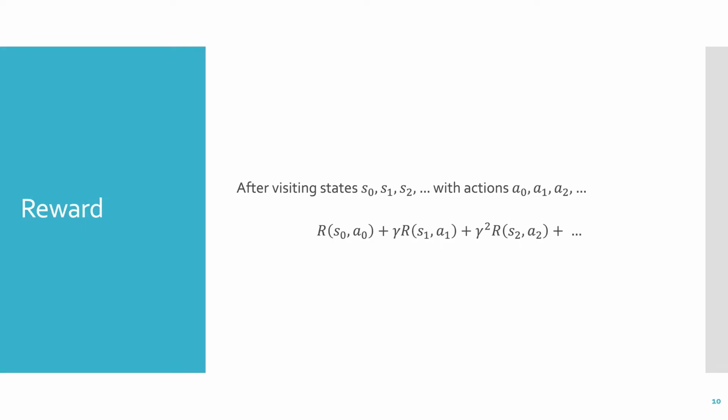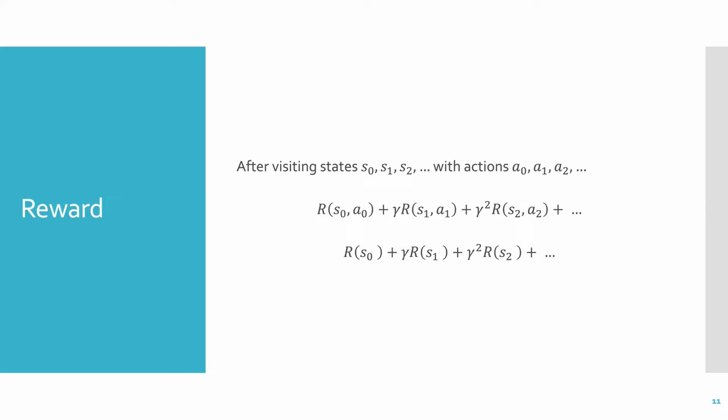Upon visiting the sequence of states S0, S1, and so on with actions A0, A1, and so on, our total payoff, or reward, is given by this expression here. We have our reward at time 0 plus gamma times our reward at time 1 plus gamma squared times our reward at time 2, and so on. We can also write this as a function of the states only, in which case the equation would look like this.